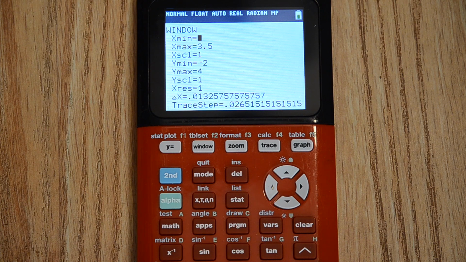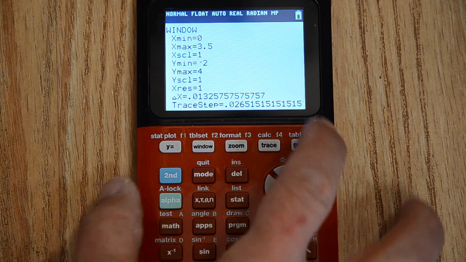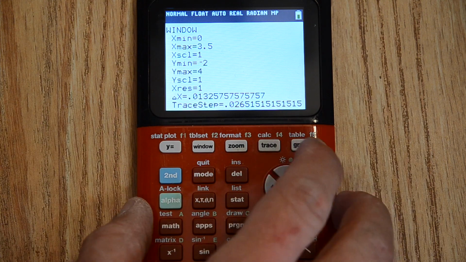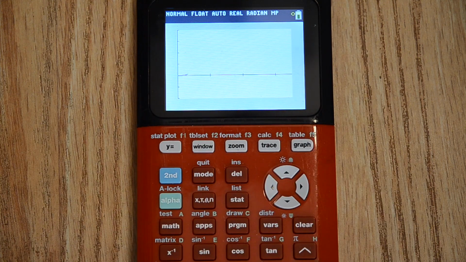We have that time period between 0 and 3.5, and I have no idea if we're going to see this on the calculator because these window settings are from a previous question, actually from question number 1 of the same AP test. And my steps are a little bit small for my calculator, so my calculator is running rather slow.